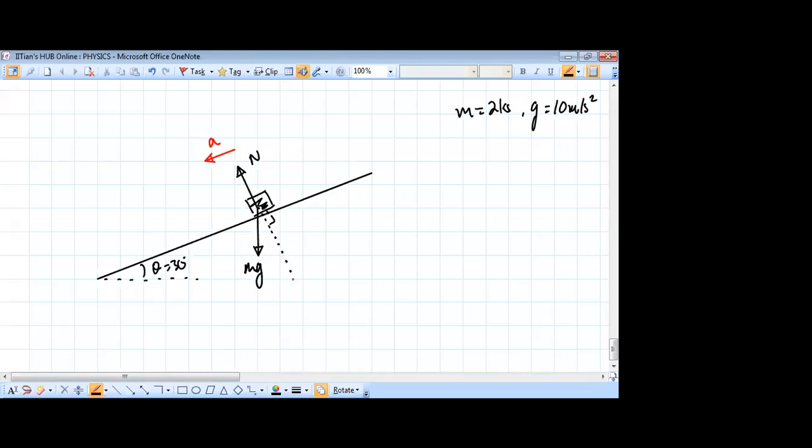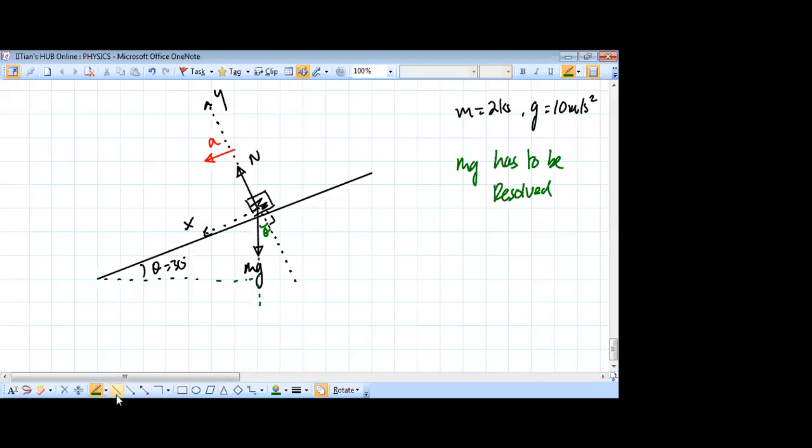So now, as discussed, we will take the direction of the normal reaction as our y-axis, and we are taking this direction as our x-axis. So mg has to be resolved. While resolving mg, we keep in mind that mg is acting vertically downwards, and in this triangle this angle is theta.